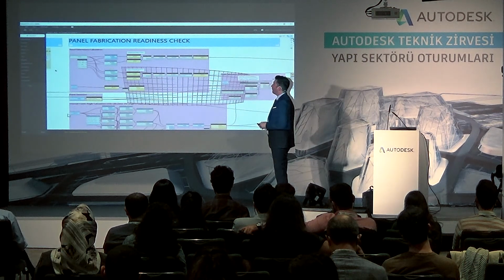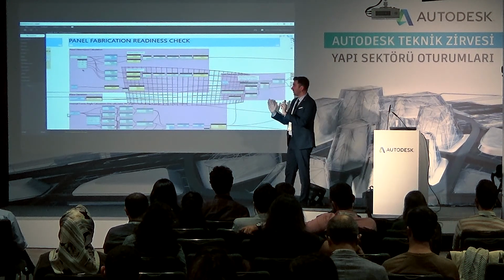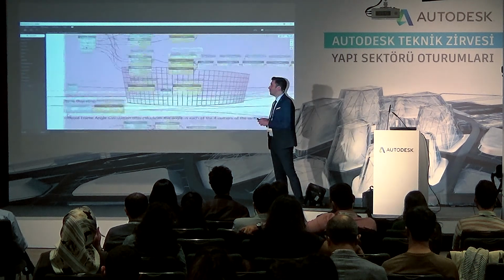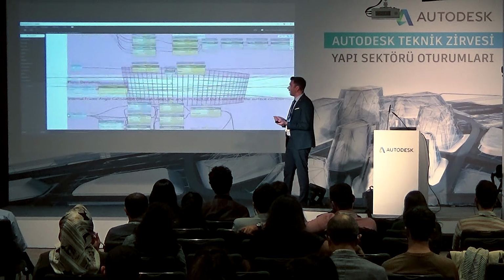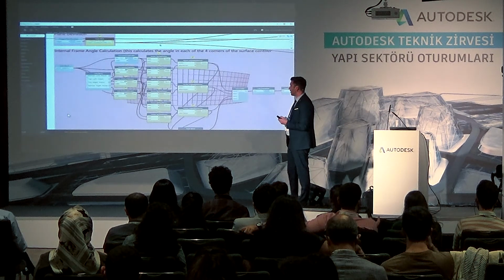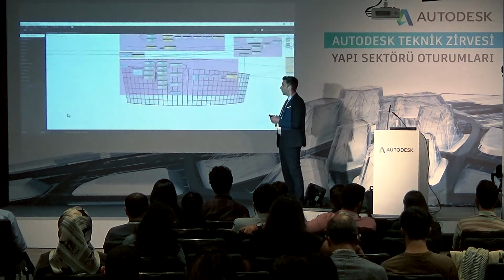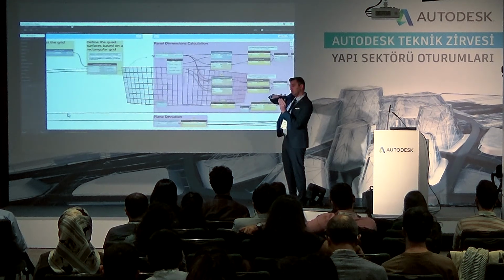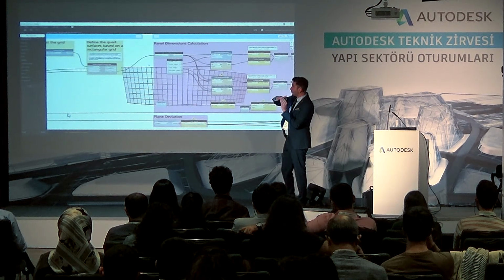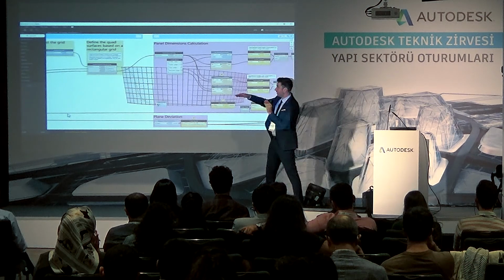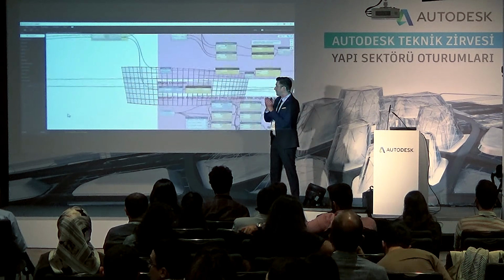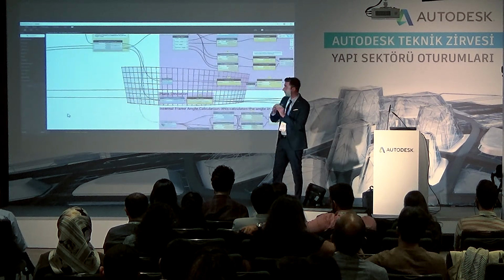Next step would be, after we generated this layout, horizontal, vertical division, we need to calculate if these panels are, first of all, rectangular. So if the angle between the two intersections there is 90 degrees, or more or less, and how much it varies.